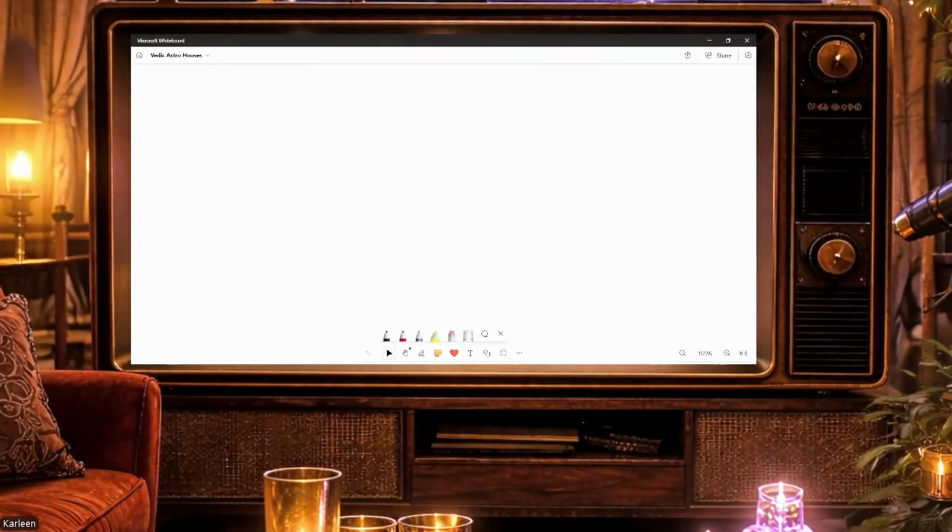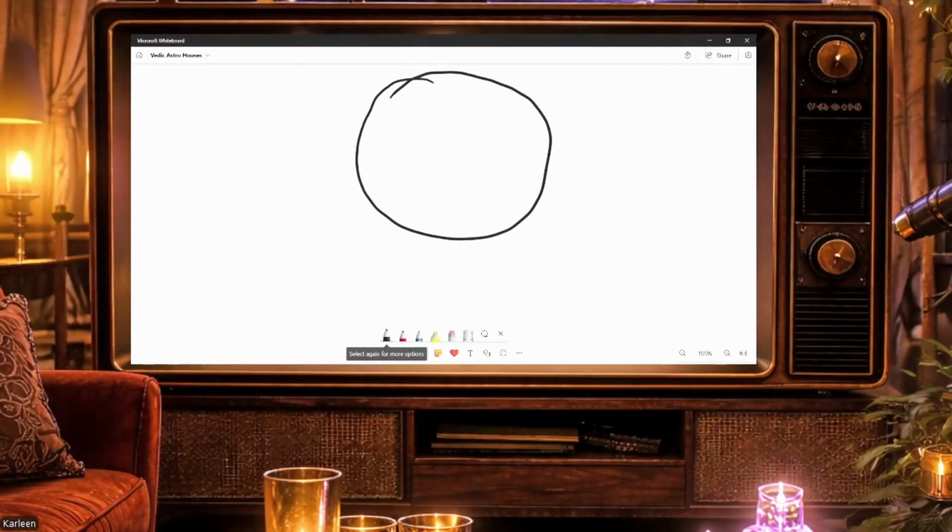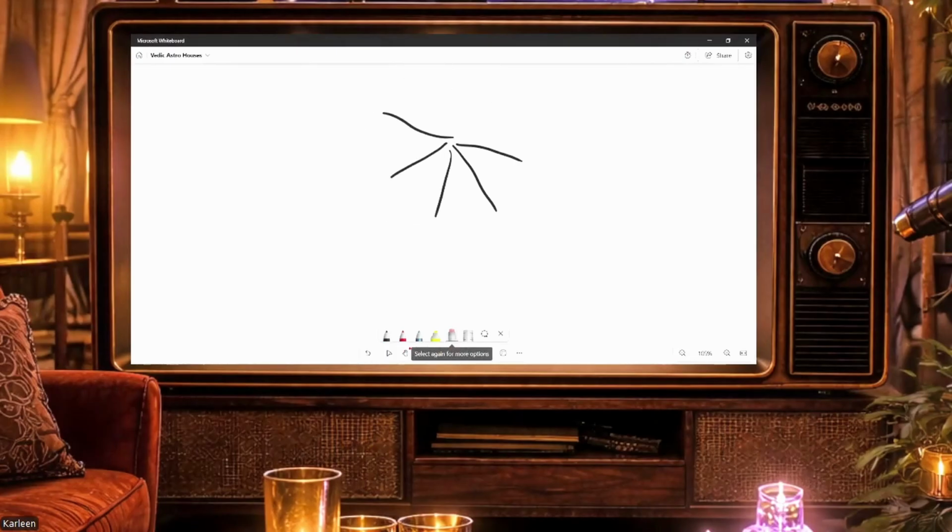Okay, so the first thing you'll notice in Vedic astrology is that we don't read from a circular chart, right? So in Western astrology, you have the circular chart, and that's divided into the houses. But in Vedic, our chart looks different.